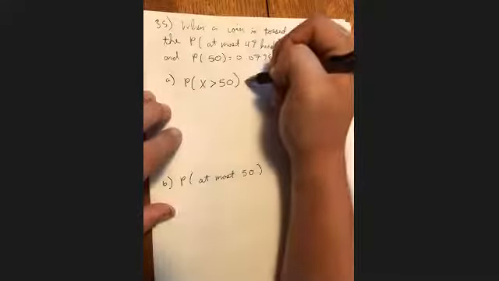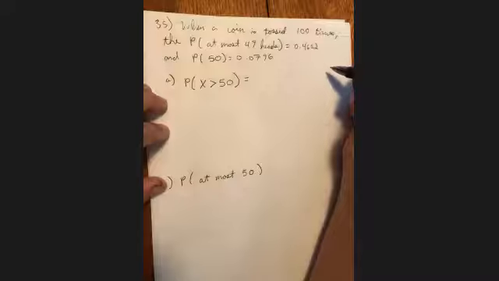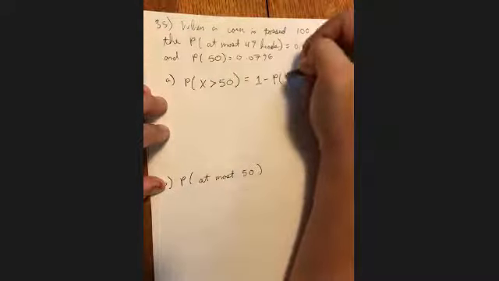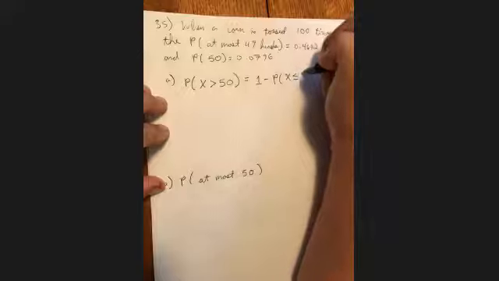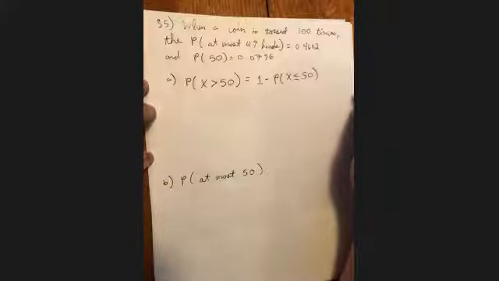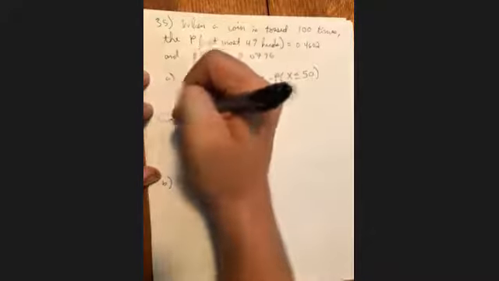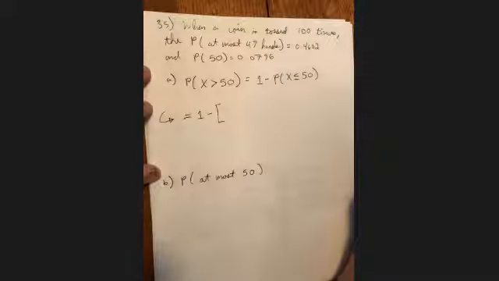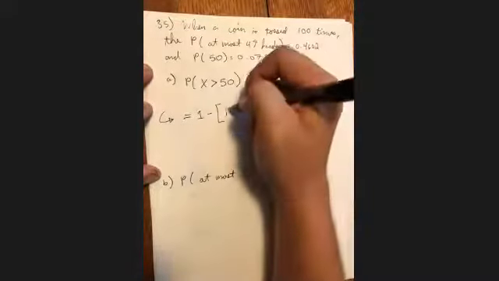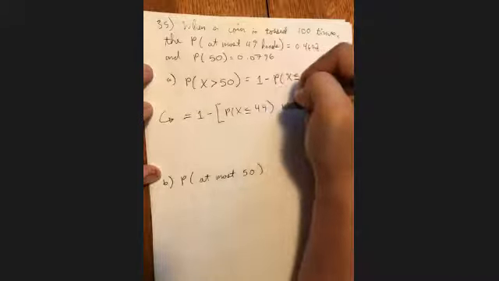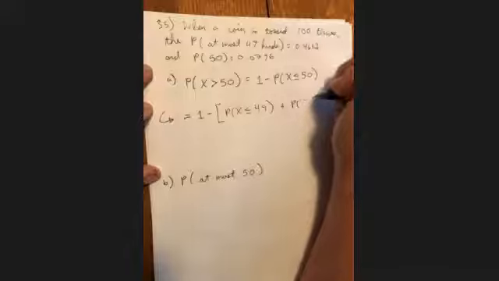Okay. So again, this is a good place to use a complement, because this would be 1 minus the probability of getting at most 50. Now, at most 50, we can think of as at most 49 plus 50.